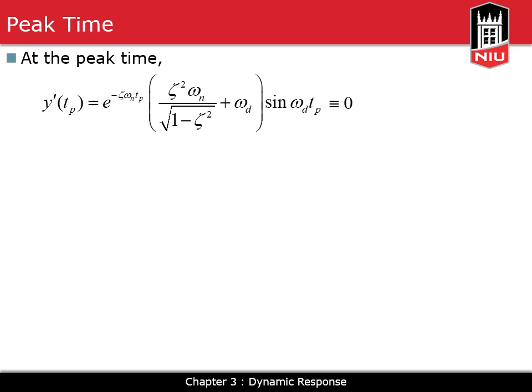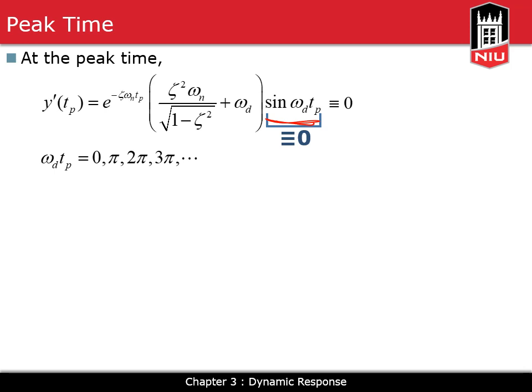This can be made equal to 0 only if this term is equal to 0, because the term inside the bracket will never be equal to 0. It's not time dependent. Those are all constants. The exponential in the front will get close to 0 as Tp increases, but it will never be equal to 0. So the only way this can be equal to 0 is if that sine is equal to 0.